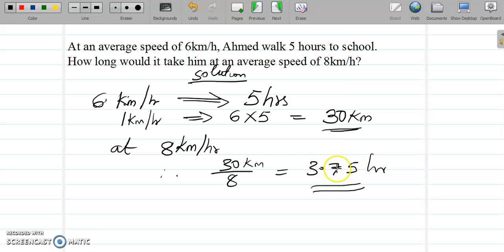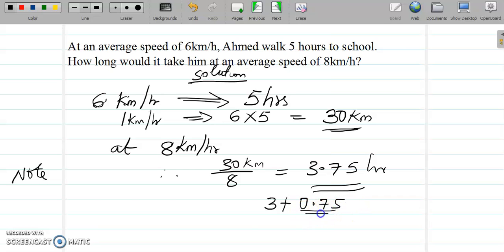We have to convert the decimal fraction to minutes. And please note that if you want to convert hours to minutes, I have to multiply by 60. Like what I'm saying now, 3.75 means what? 3 plus 0.75.